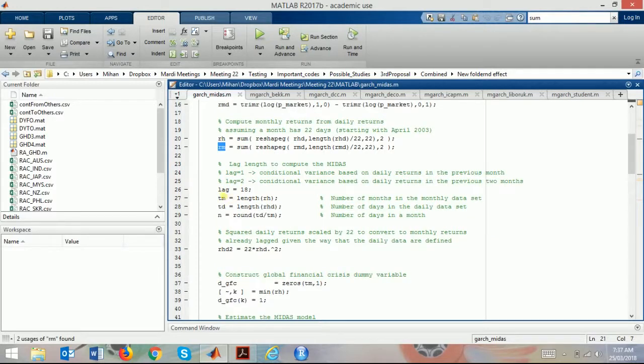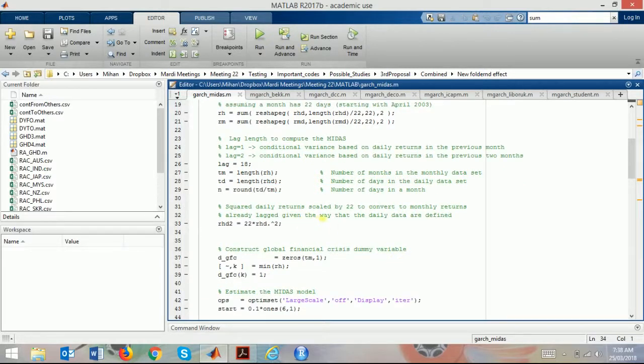We have lag 18 given to us. TM is the length of RH, the number of months in the monthly dataset. TD is the number of days in the daily dataset. TD by TM gives the number of days in a month, rounded. This is interesting as well: how we can convert the number of days to the number of months when we don't have the actual number of days or months.